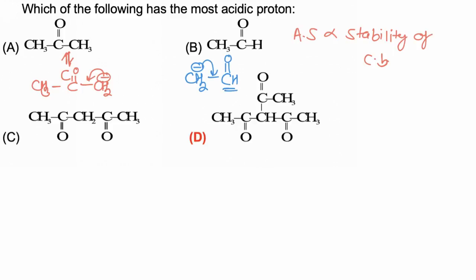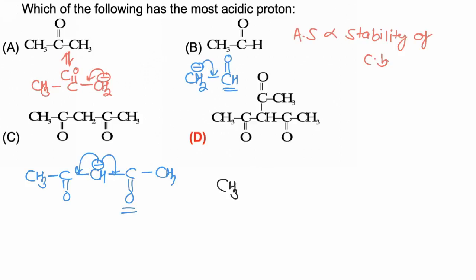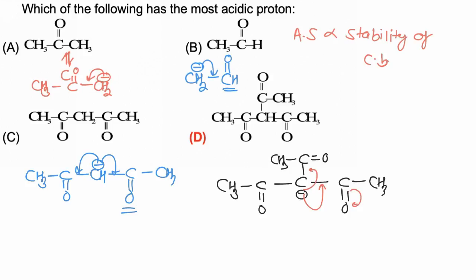In the third case, when the proton is released and a carbanion is formed, this carbanion is extra stabilized by resonance of two carbonyl groups, while in the fourth case, after removal of the H positive ion, the carbanion formed is stabilized by electron withdrawing carbonyl groups. So it is stabilized by 3 electron withdrawing groups, and hence the fourth has maximum stability, and hence the correct answer is D.